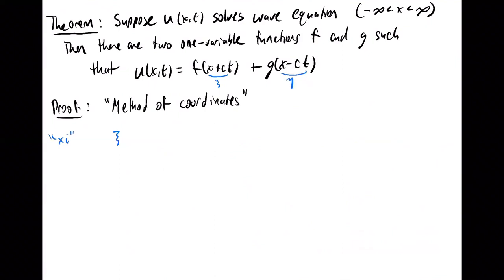And let me call the other input eta, which is also a Greek letter. What I'm going to do is let xi equal the input of the function f, which is x plus ct. And then I'm going to let eta denote the input of the function g, which is x minus ct.